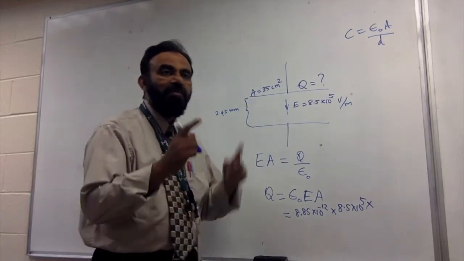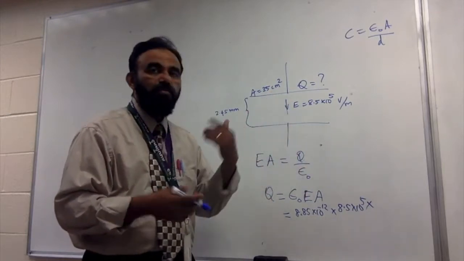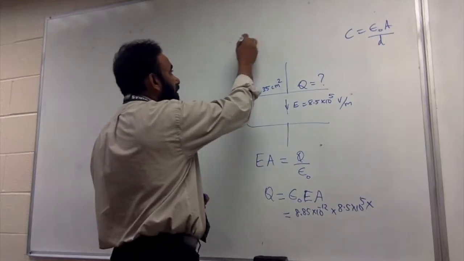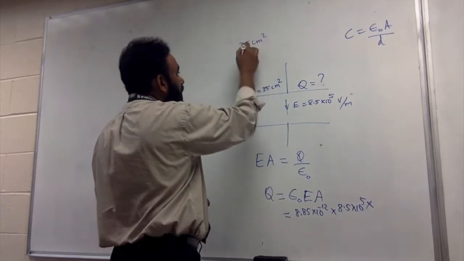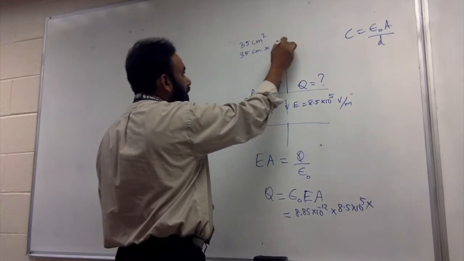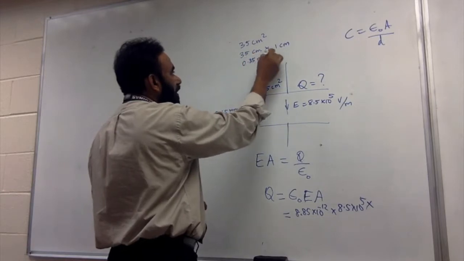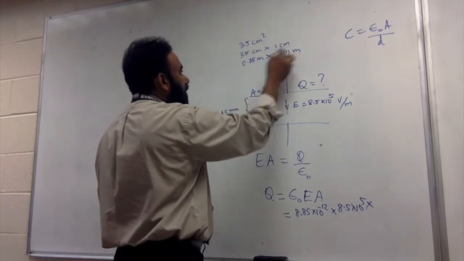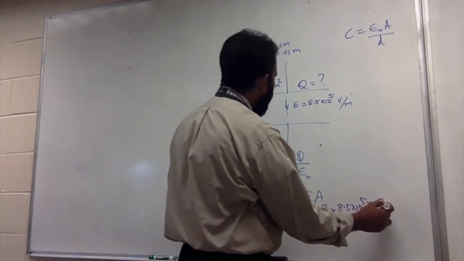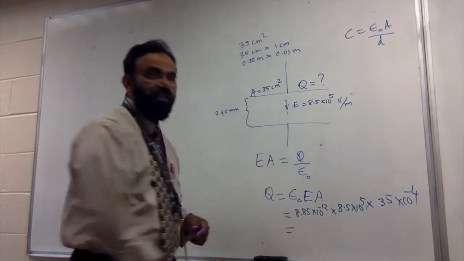Because each centimeter is 10 power negative 2, changing centimeter square to meter square, you've got to be a little careful. Some actually make this mistake. 35 centimeters square, you can think of it as 35 centimeters times 1 more centimeter. So this will be 0.35 meters and that will be 0.01 meters. You can see that it comes out 35 times 10 power negative 4. And if you work that, you will get that answer.